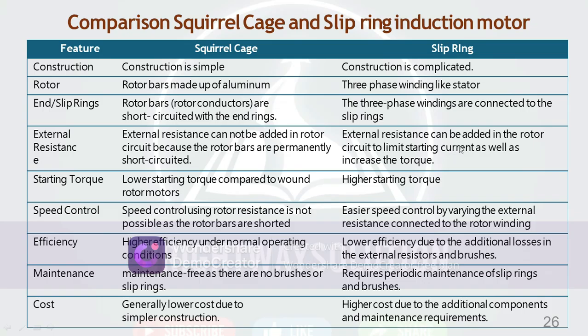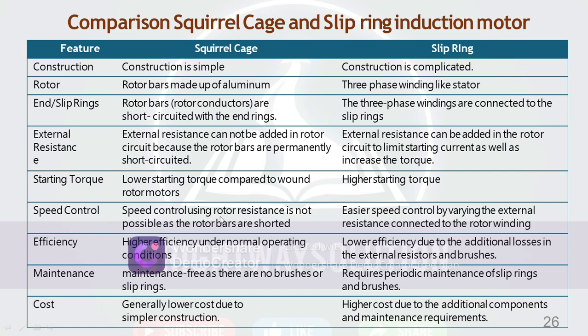External resistance can be added in the rotor circuit to limit the starting current as well as increase the torque. In a squirrel cage the starting torque is lower compared to the wound rotor, so higher starting torque is available in the slip ring.